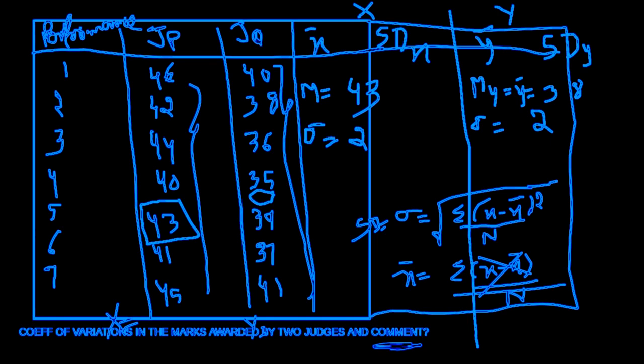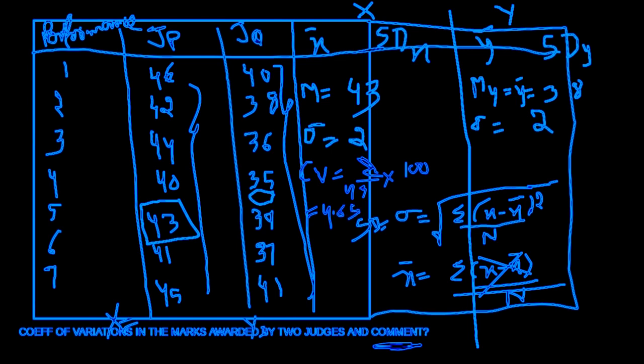For this you need to first find the coefficient of variation, and उसका formula is standard deviation upon mean into 100. So it's 2 by 43 into 100, and its answer is 4.65, for X data only.